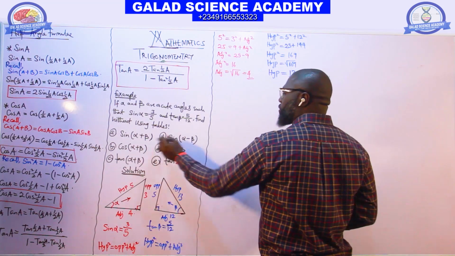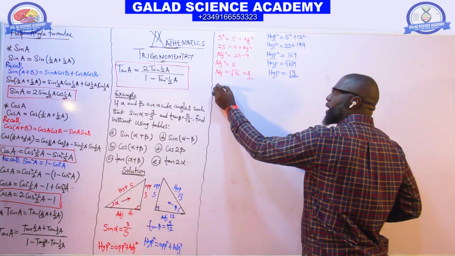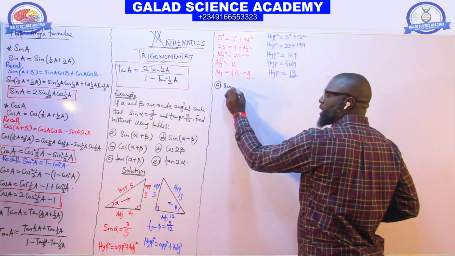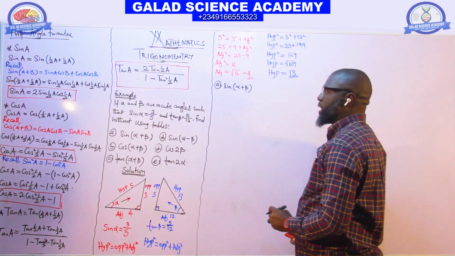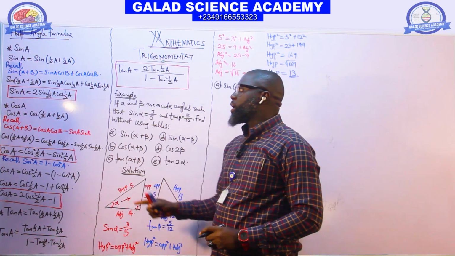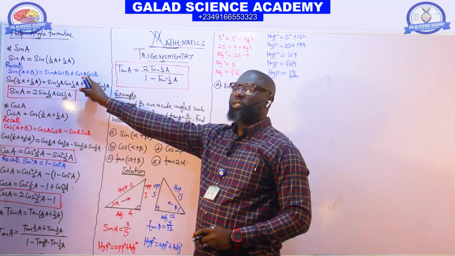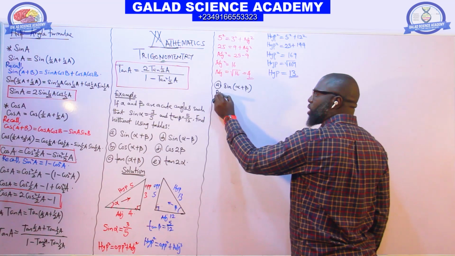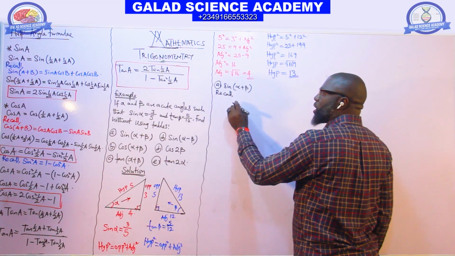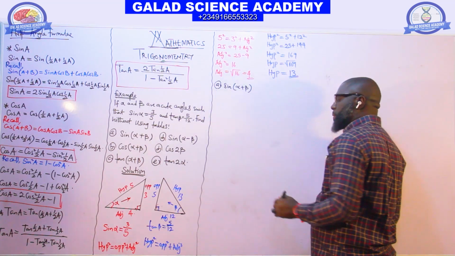Yeah, let's go back to the solution of the questions. We have to solve A. A is to solve for sine of alpha plus beta. So to solve for sine alpha plus beta, you apply this compound angle formula. Recall, let me use the red marker.